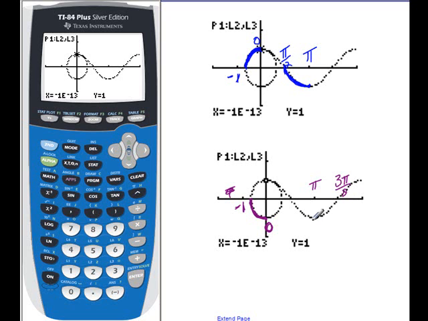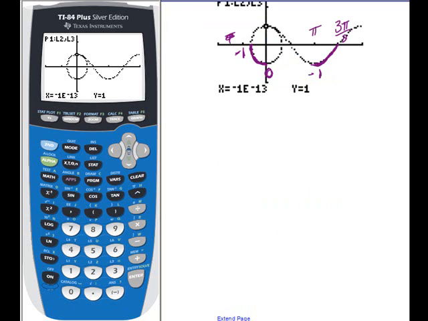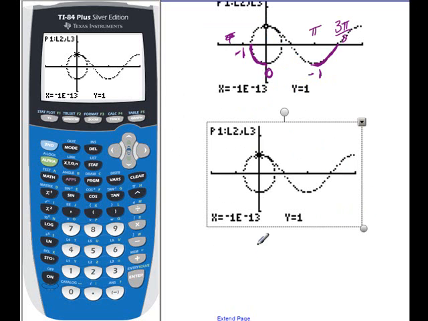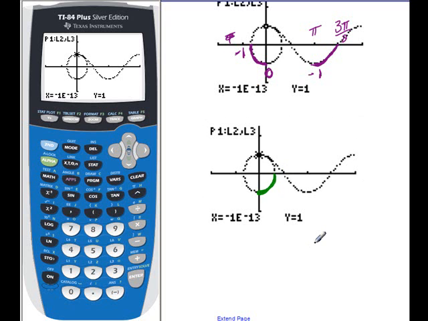Take a look at the fourth quadrant. Points in the fourth quadrant are here. So think about what happens with those x values. We've got an x value of 0 that corresponds to the angle that's 3 pi over 2, and we've got a cosine value of 1 that corresponds to the angle that's 2 pi.